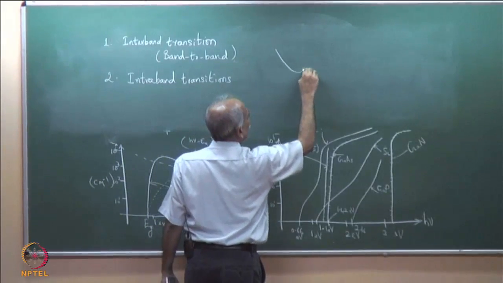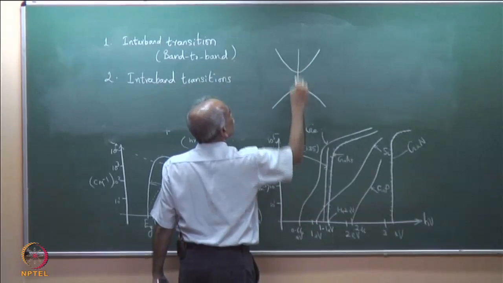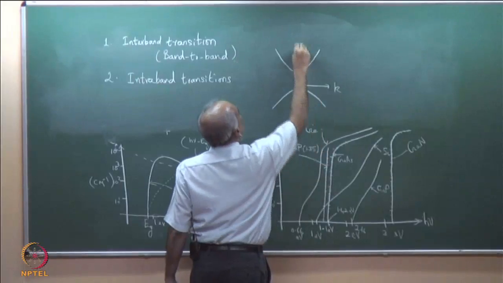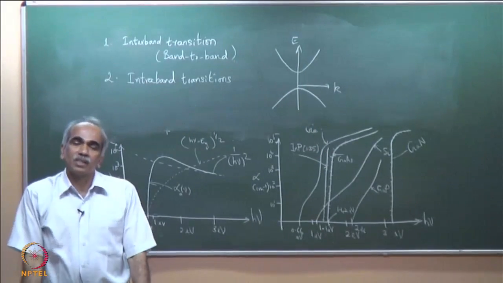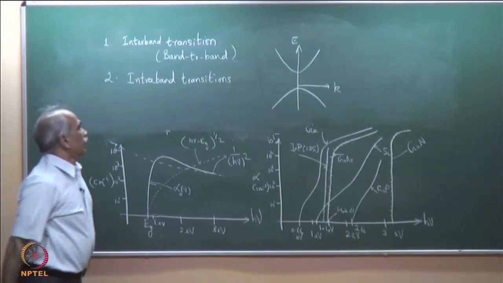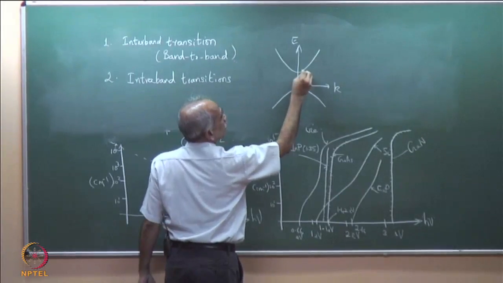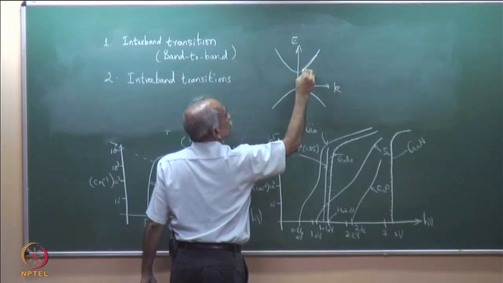If you look at the EK diagram, this is the EK diagram which tells about all the physics which I mentioned in one of the first classes. An electron which is sitting here can make an upward transition to a position here.